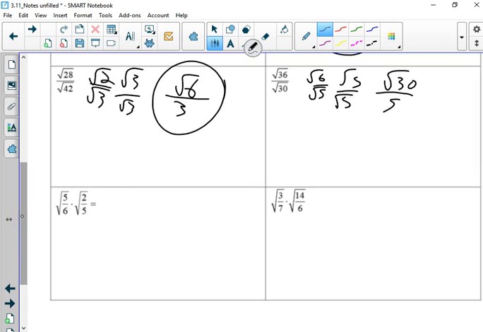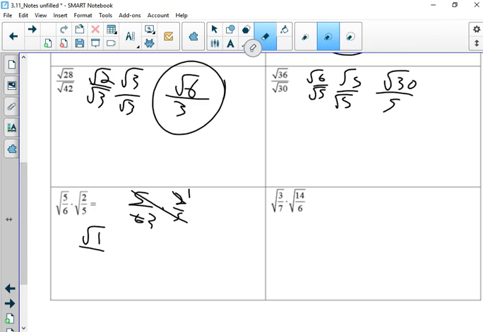Now this one is not as messy as it looks. If I just gave you the fraction 5 over 6 times fraction 2 over 5, yeah, you could do 10 over 30. But look what happens. 5's cancel, right? 2 cancels here. This is really just radical 1, which is just 1, over radical 3.